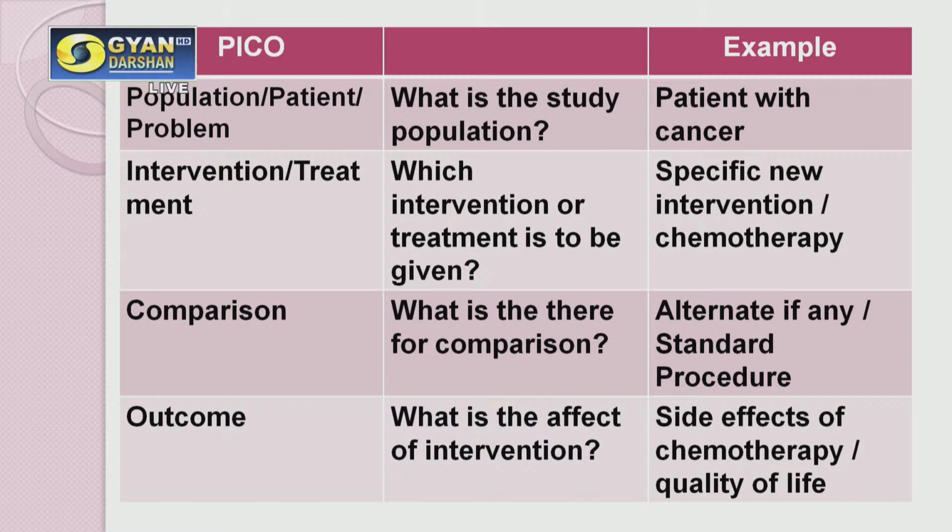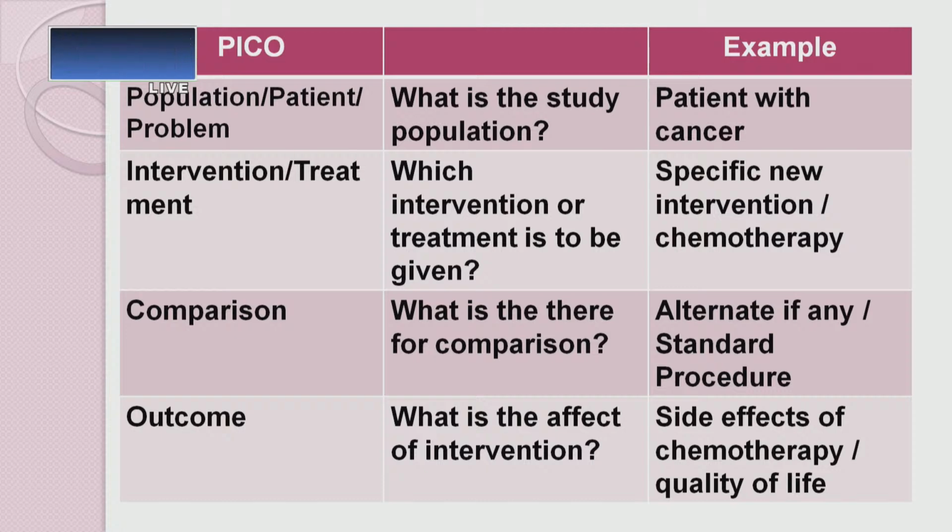So you have to decide in your study what new intervention you are going to give. Specify the new intervention. It is chemotherapy, it is radiotherapy, it is from alternative medicine. Whatever your intervention is, it has to be specified. Comparison, that is, what is there for comparison?